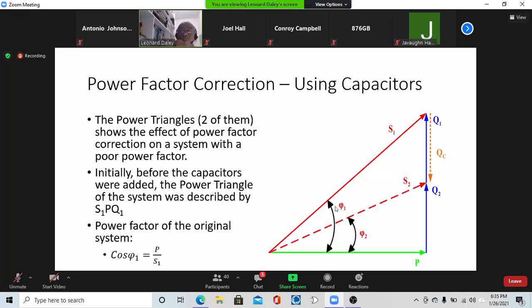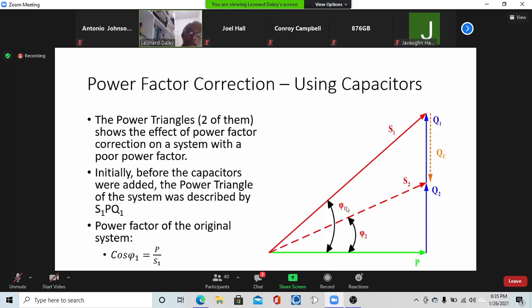All right. Now this diagram, which consists of two right-angle triangles, essentially explains what is happening when you're doing power factor correction. All right, so this larger triangle that comprises S1, P, and Q1 is the system power triangle before you do power factor correction.